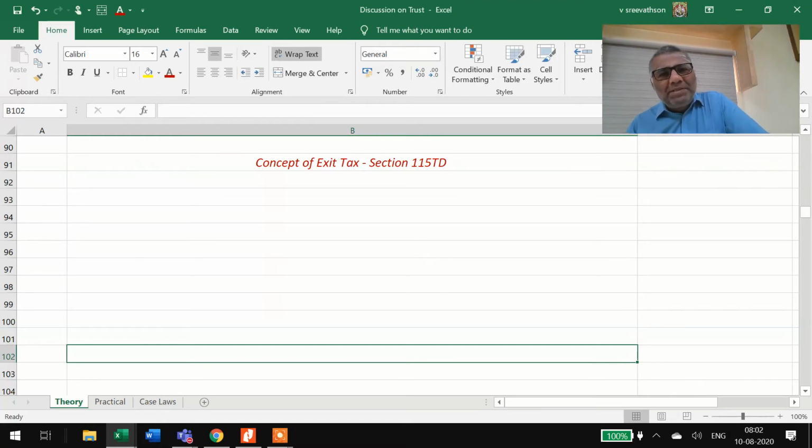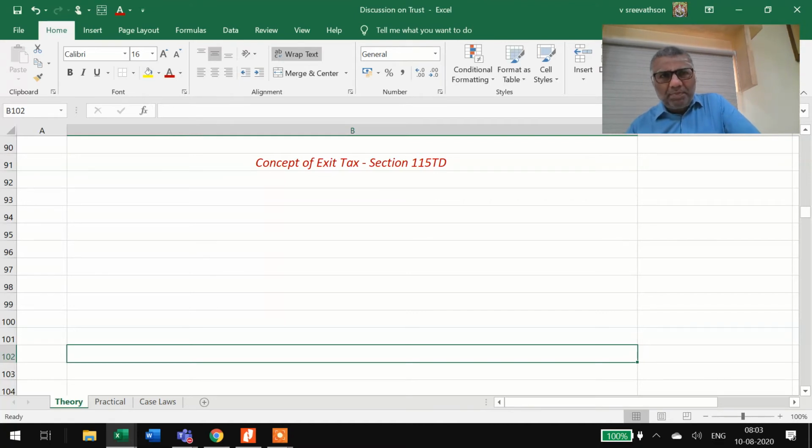Or what happens if the 12AA registration which is provided is cancelled? I'm yet to come to the administrative part, first complete the tax part, then come to the administrative part. So what happens if the registration is cancelled? When will registration be cancelled?